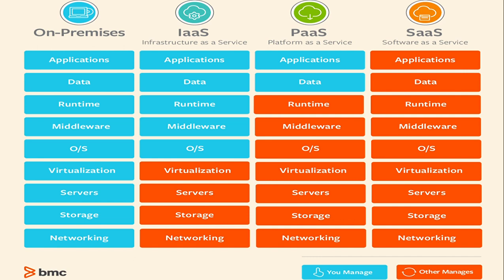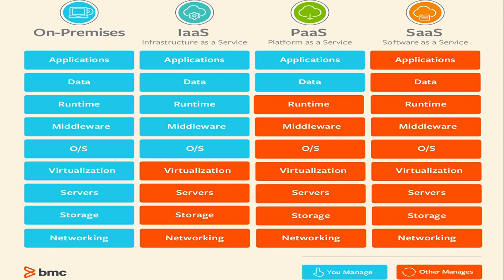So in the case of on-premise, IaaS, PaaS and SaaS: in the case of on-premise, you need to manage the application, data layer, runtime, middleware, operating system, virtualization, servers, storage, networking, etc. Everything. But in the case of infrastructure as a service, the cloud vendor provides you networking, storage, server and virtualization, and on top of that, you need to manage the operating system, middleware, runtime, data, and application.